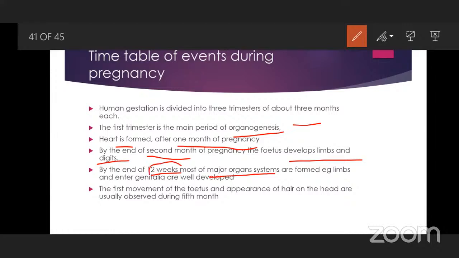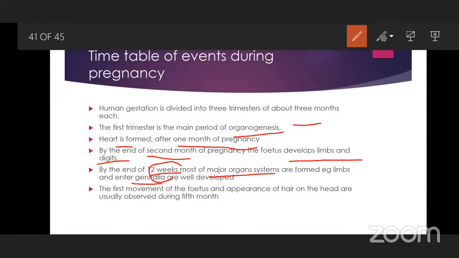And the genitalia are also very well developed, so female or male genitalia, depending on the sex of the individual, are well developed by the end of 3 months of pregnancy. So we can say in the first trimester, almost all the organs are very well developed.